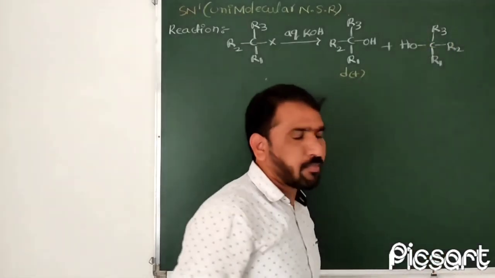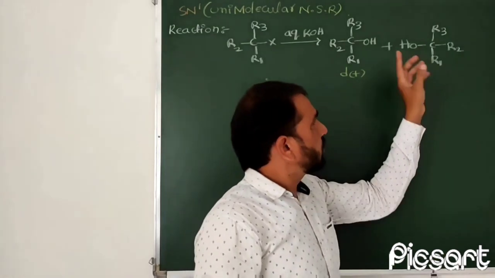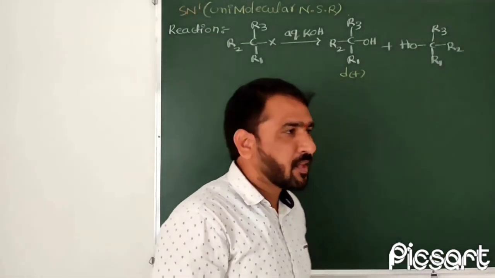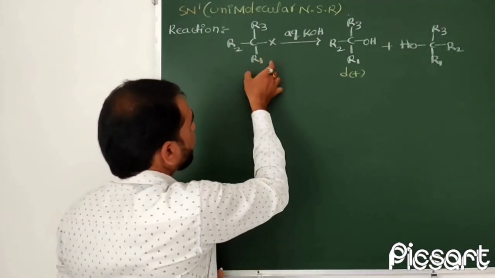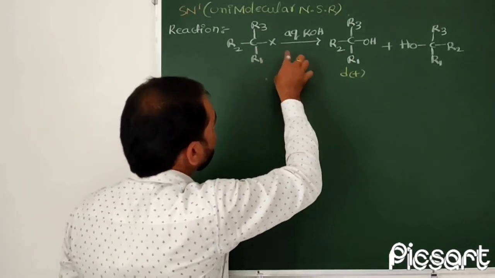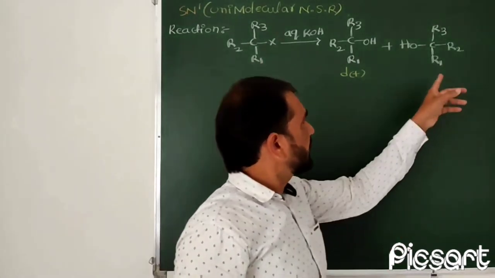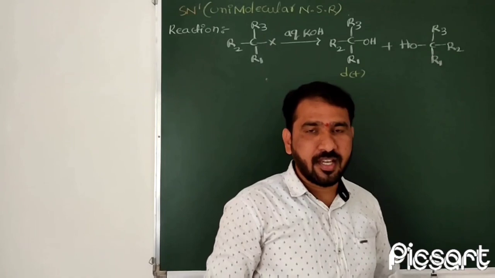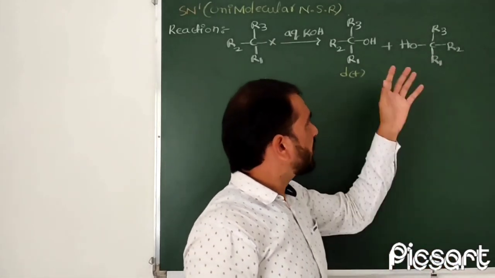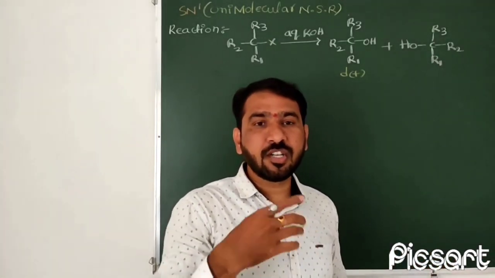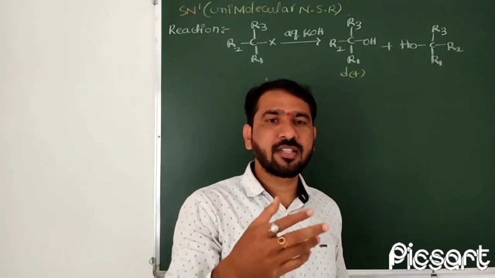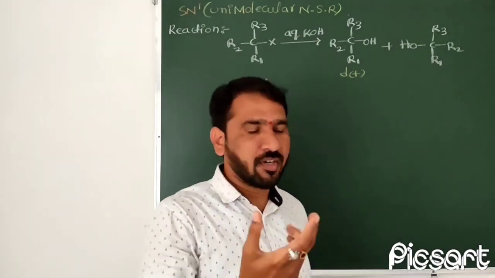Then coming to the second product, the OH group is on the left side. In the reactant alkyl halide, the leaving group is on the right side. In the product, the OH group is on the left side. So that product is called the inversion product. Completely reverse, no? That's why it is called the inversion product.